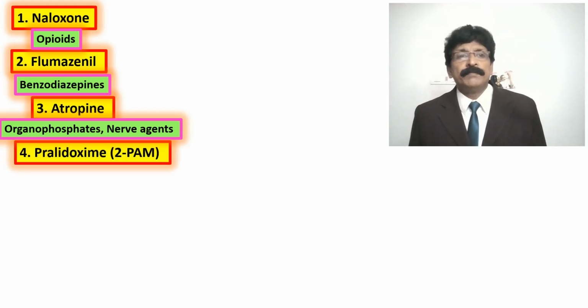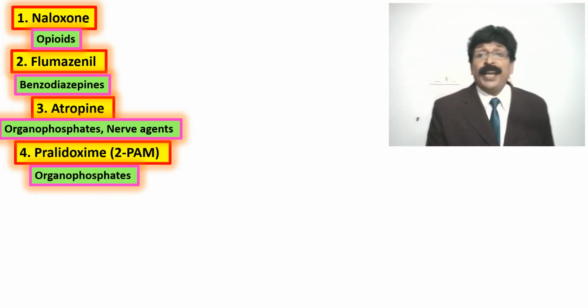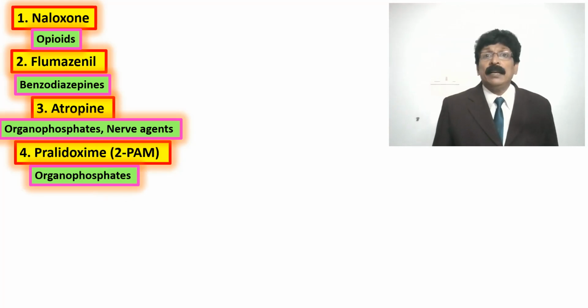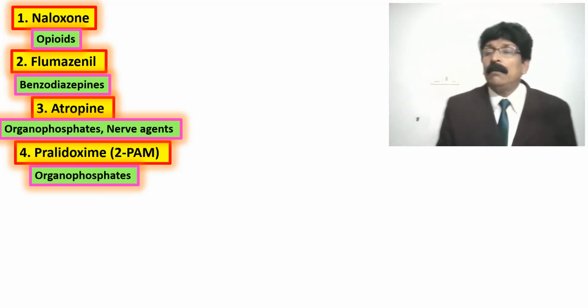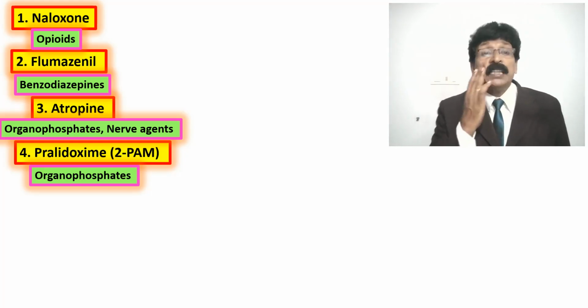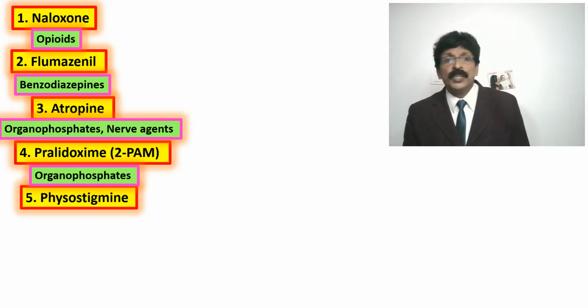Pralidoxime, 2-PAM, is used for organophosphate poisoning. In the agriculture sector, you might have seen that many people get poisoned, and when they come for treatment, this is the antidote available.